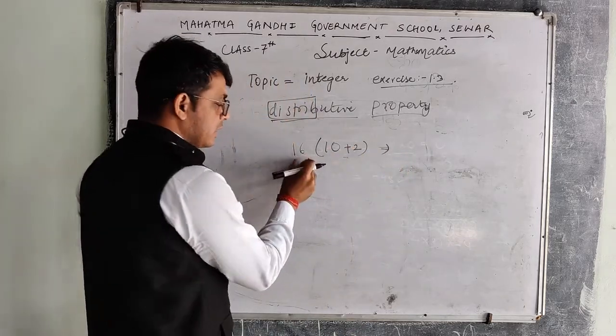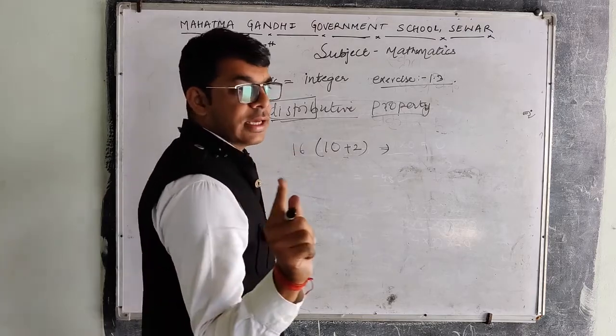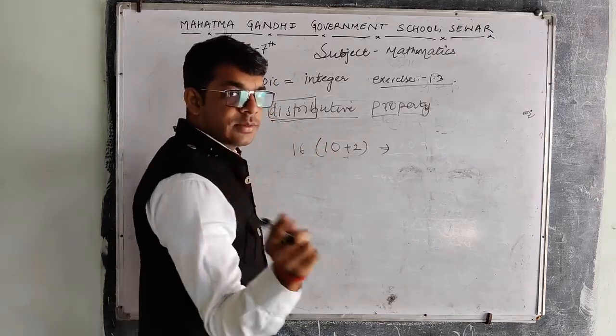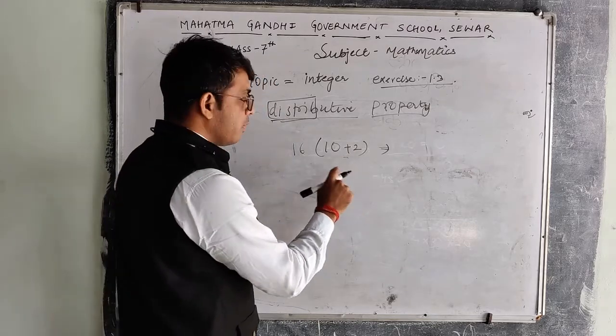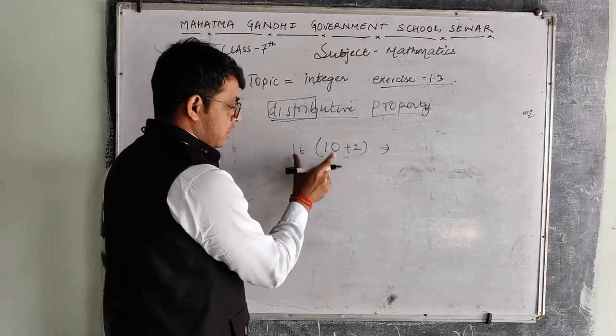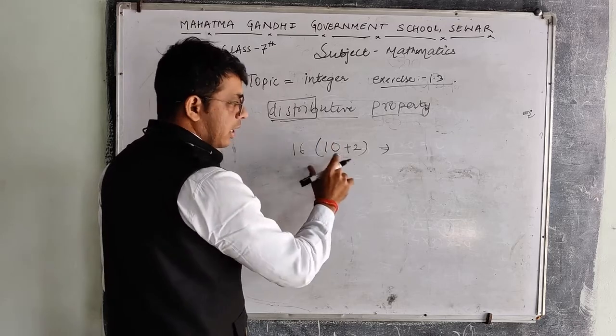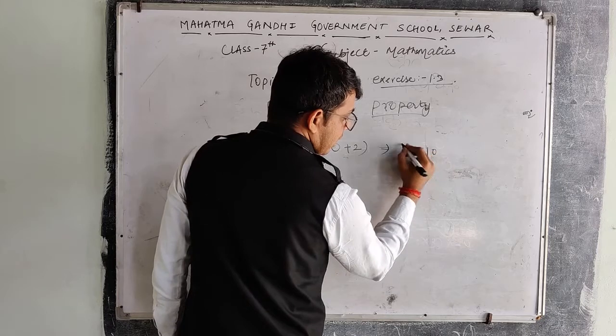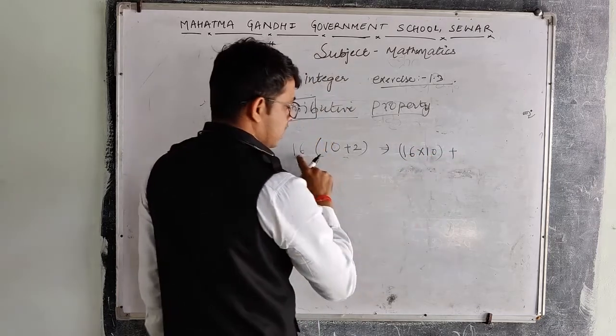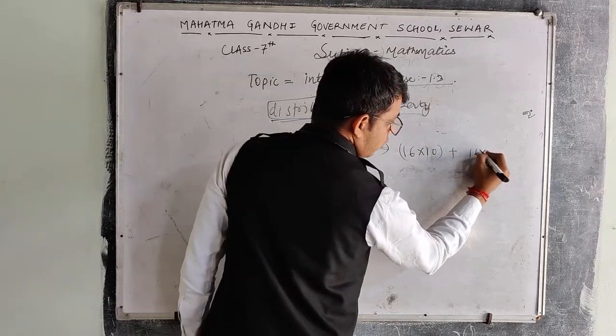It means that 16 has multiplication with 10 one time and with 2 one time. If we want to expand these brackets, it means 16 into 10 one time and 16 into 2 one time.